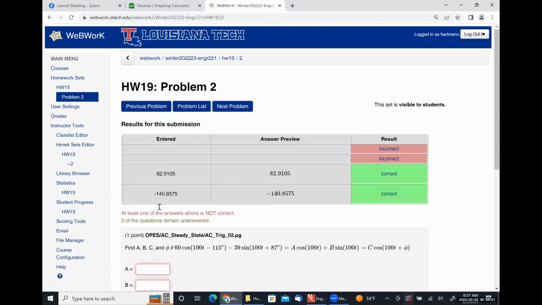Let's see what happens. I'll be damned. We got that correct without doing any trig identities whatsoever, but wait, it gets better.